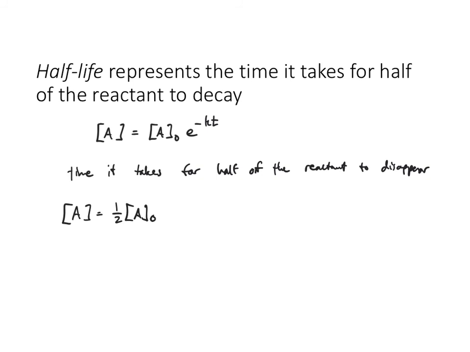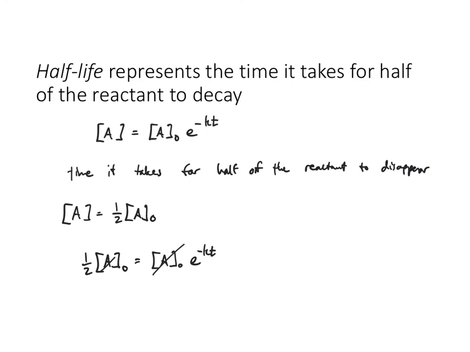So if we set A to 1/2 A0, then that's going to allow us to solve for the time that it takes to get half of that reactant. So we get 1/2 concentration of A starting equals concentration of A starting e to the negative kt.